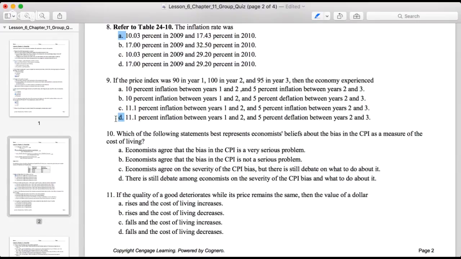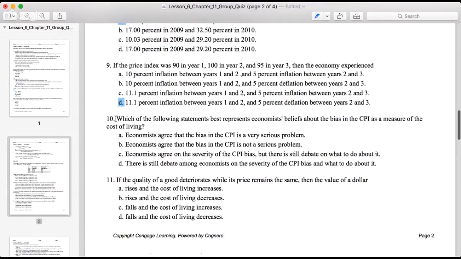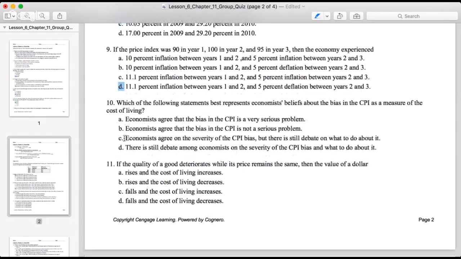On 10, I got C. I got D on 10. I got B. I got C based on page 224. I highlighted it. Well, C and D are about the same.